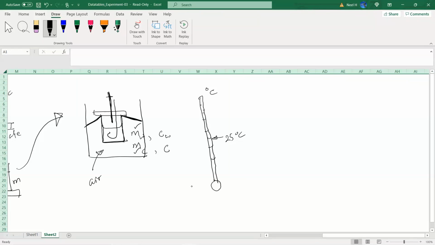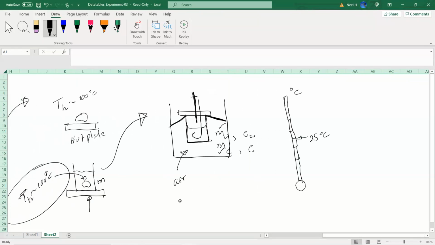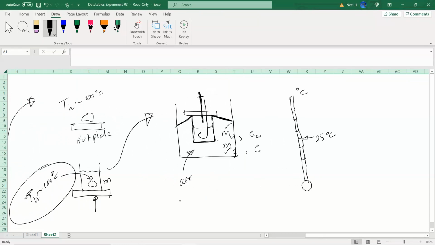And then we're going to heat this object and put it into the container as quickly as possible. There should be enough gap between these two, at least a few feet. If I put these two very close to each other, then the heat can be absorbed, so that may not be a good idea. So we're going to keep at least a 3 to 4 feet separation.